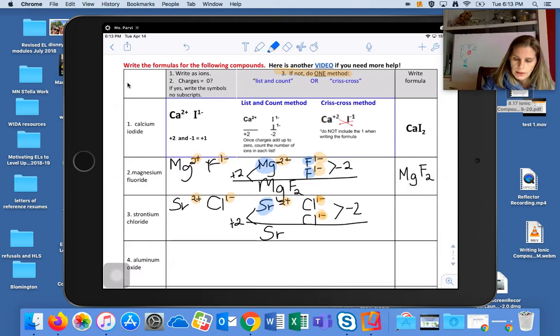How many chlorides do I have in my list? 1, 2. So down below, what am I going to write? Did you say Cl2? If so, you're right. And we're done. I'm just going to write it neatly over here. SrCl2.